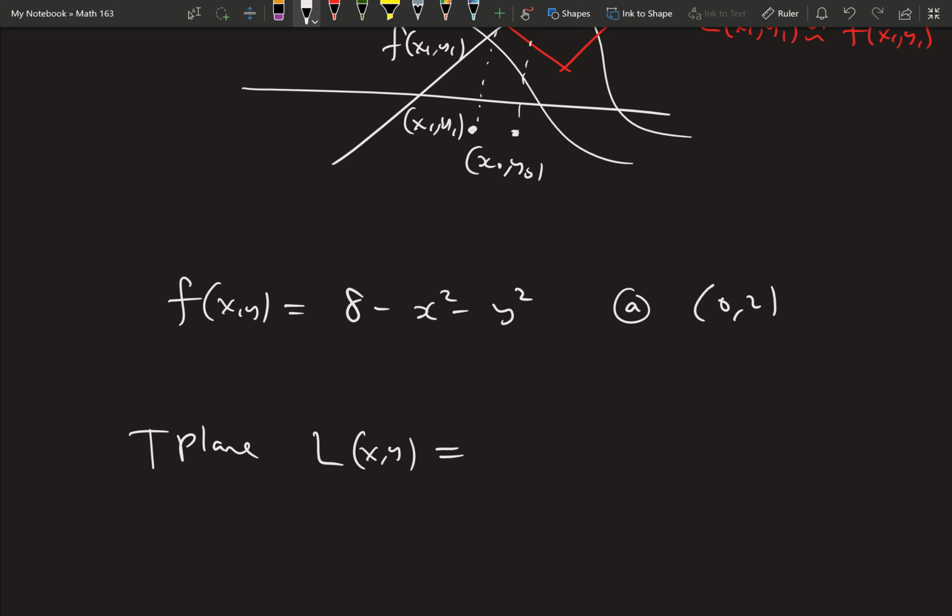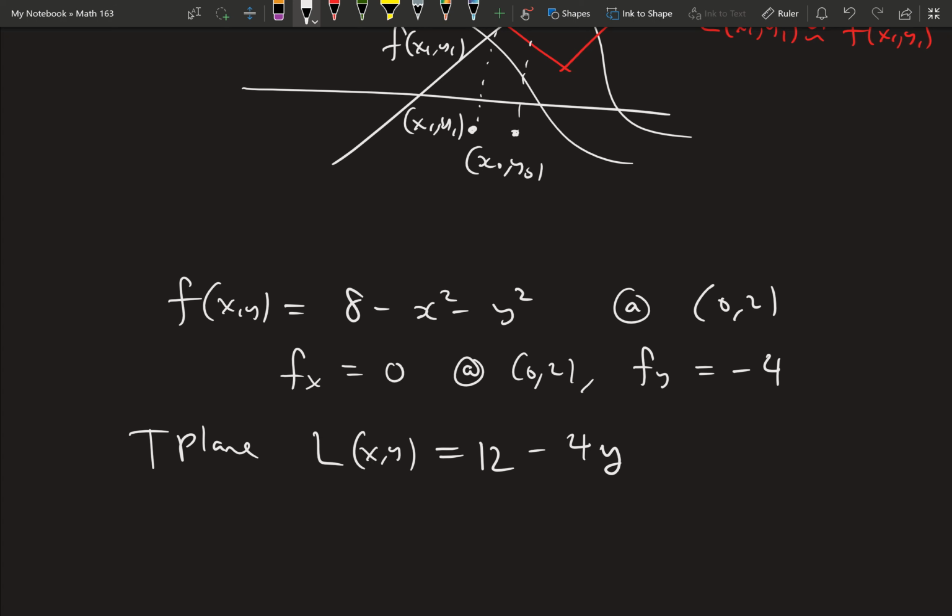What we ended up with was 12 minus 4y, because fx was 0 at this point, and fy was negative 4 at this point.